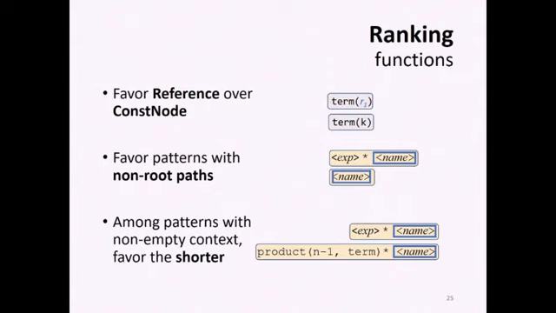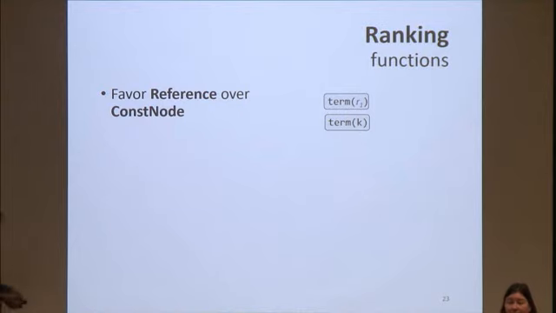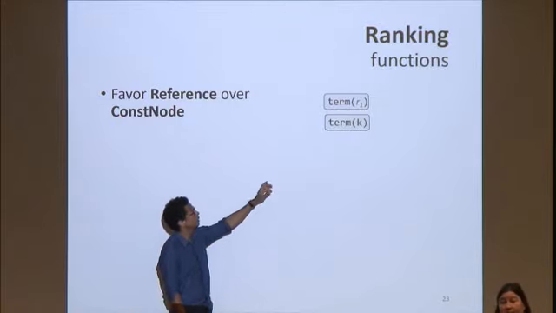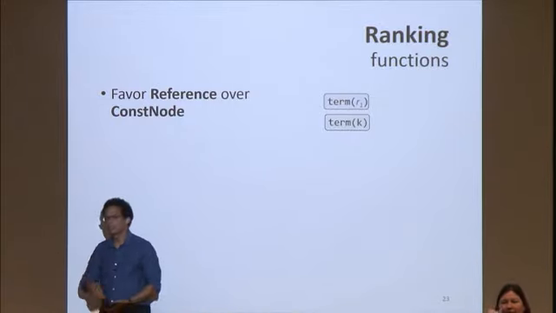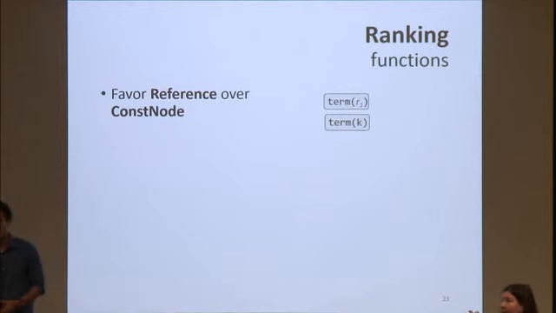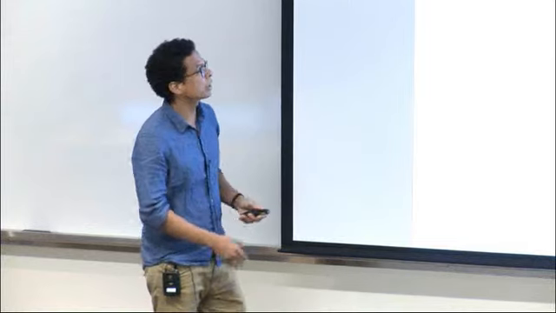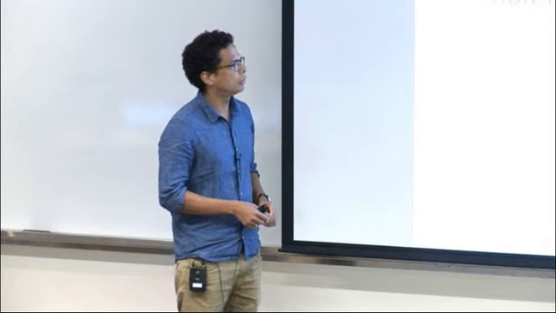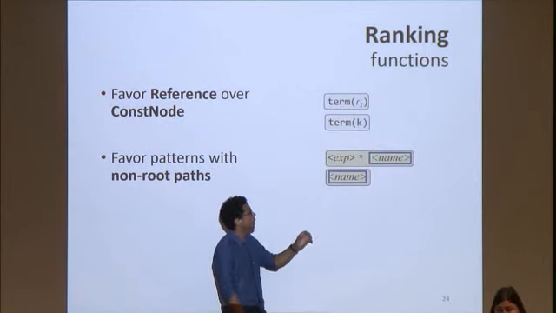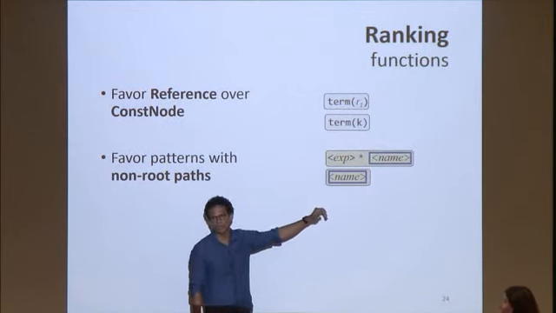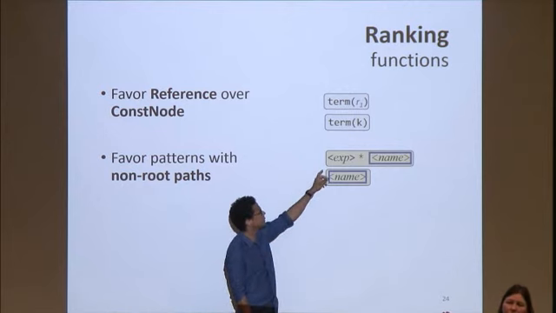We specify ranking functions in our technique that favor reference nodes over const nodes. For instance, if we are creating a new tree and this tree uses nodes from the input tree, this is better than just creating the tree from scratch. We favor patterns with known root paths, so we want to be not too general.